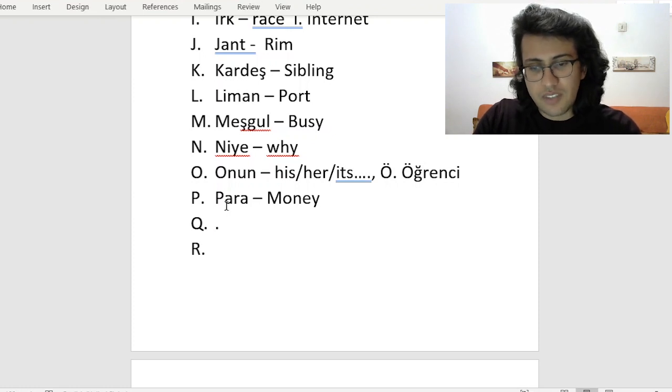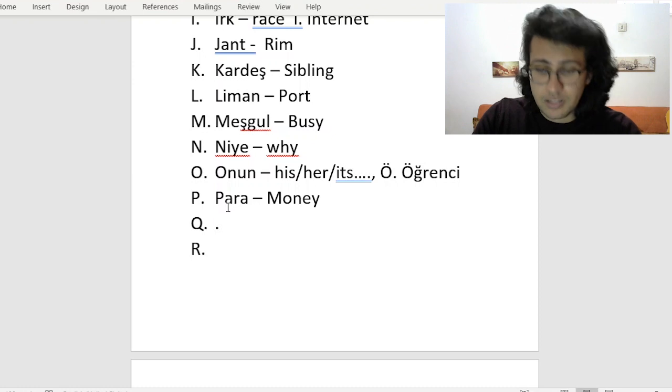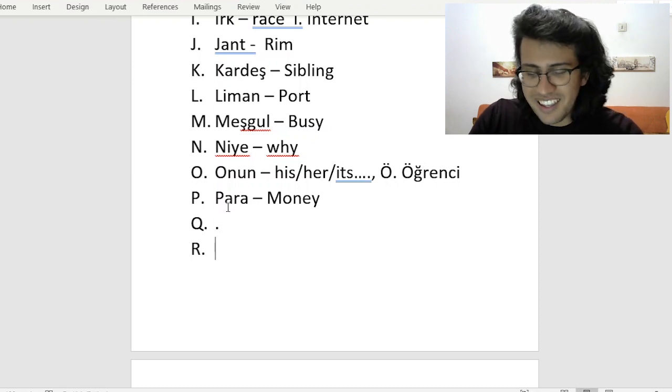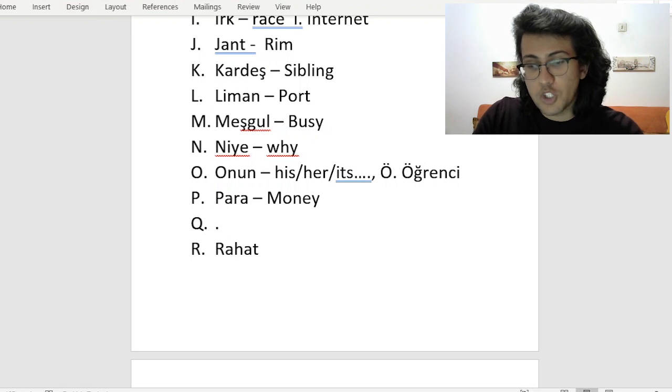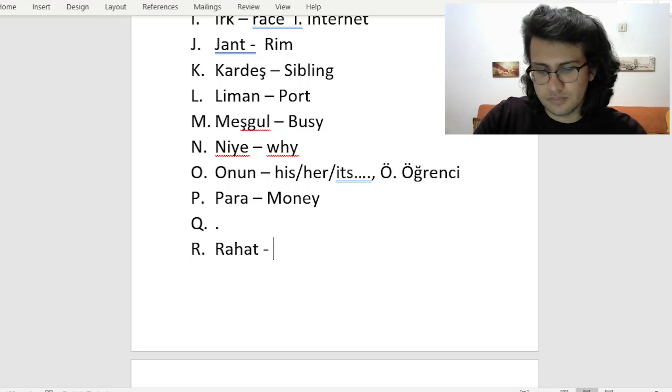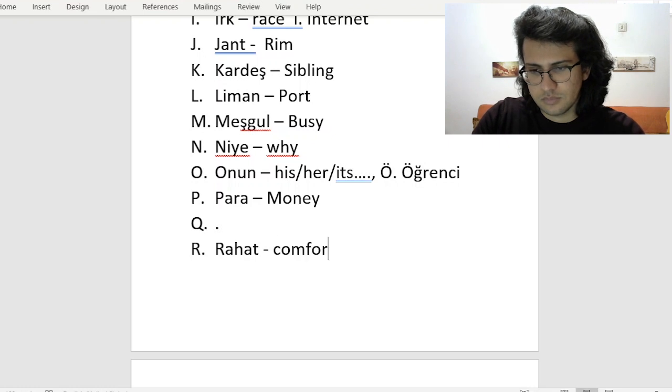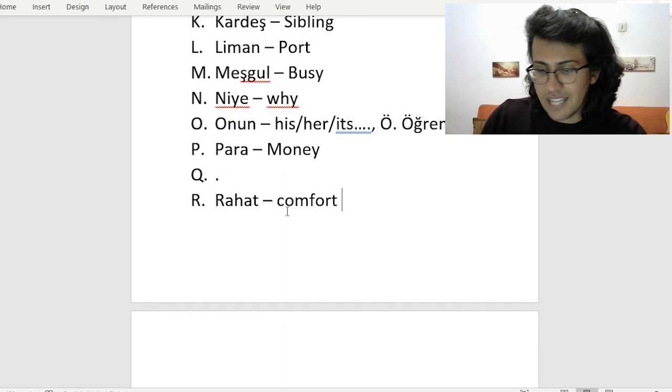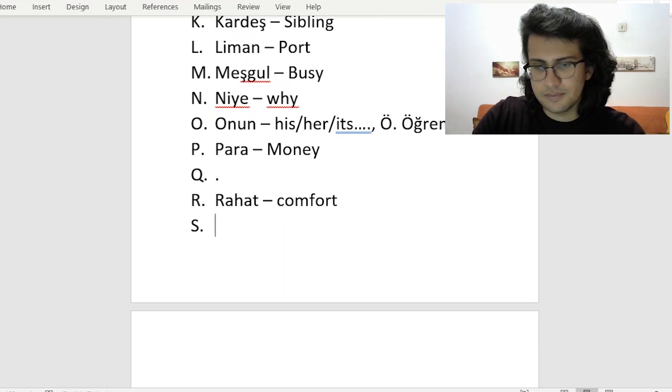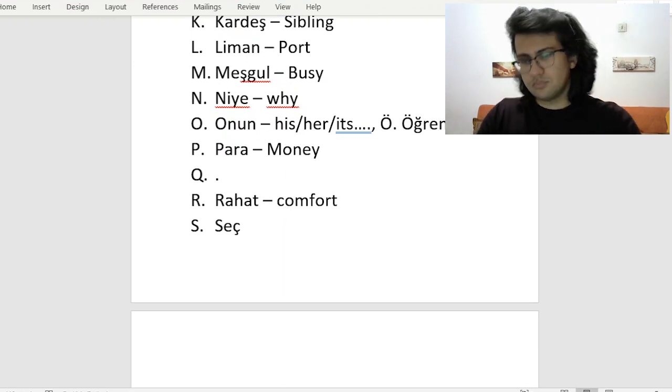Next letter we have is the letter R, or re, and sorry, it doesn't mean anything. It's used in the word rahat, which means comfort. The next letter we have is the letter S, or se, and the word is seç. Choose.